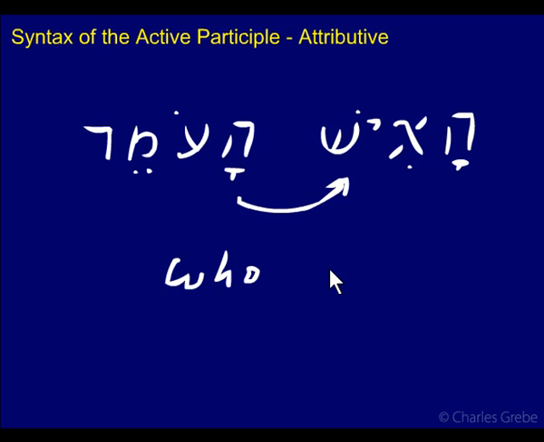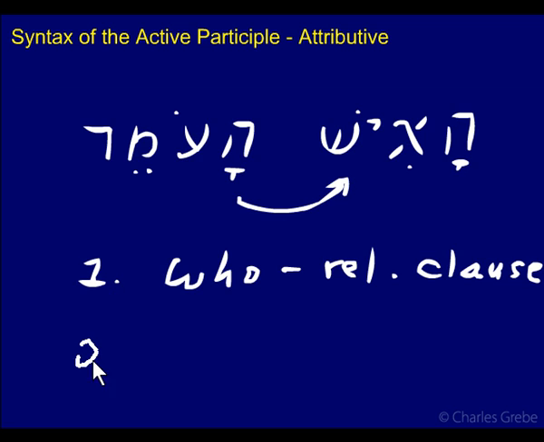The other thing is that participles, let's put it down here, we'll say relative clause. So sometimes you want to translate these attributive participles as a relative clause. The other thing, that's the first thing I want to say here, the second thing is that there is no time expressed in the participle itself.